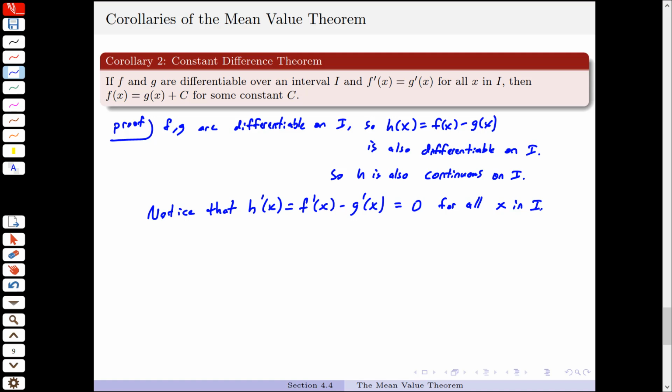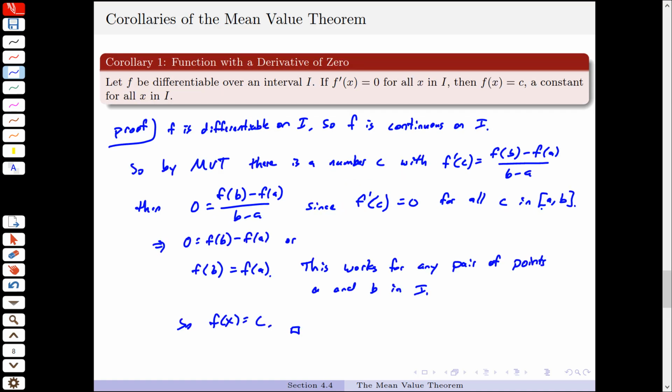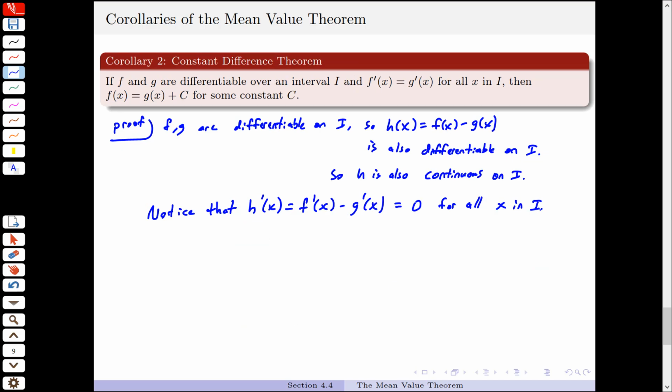And I don't even need to go to the mean value theorem. I can just go back to corollary 1 and say, if the derivative of a function is always 0, then that function is constant. So by corollary 1, h of x equals c for some constant c.